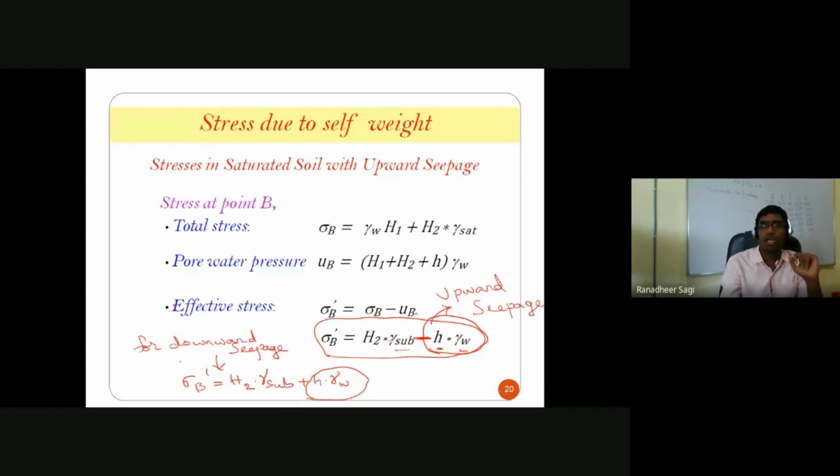If there is a downward seepage taking place through the soil, it is not going to be very critical for us.